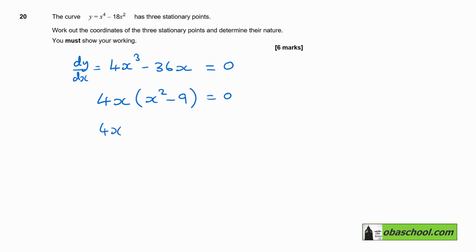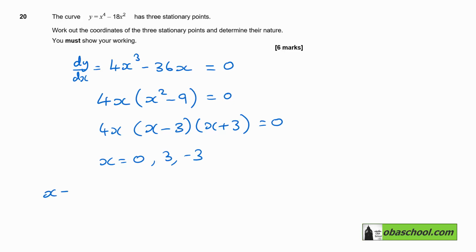And so 4x, difference of 2 squares, so it's x minus 3, x plus 3 is equal to 0. And that tells me x is equal to 0, 3, or negative 3.